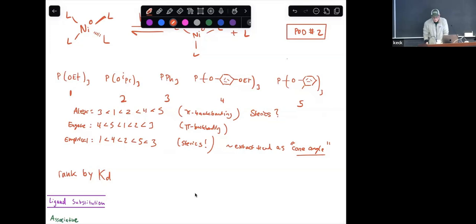I think you might not know. I was just thinking, if sterics is the major affecting parameter here, would it be more reasonable if 4, with more steric bulk, had a much larger cone angle than 2?